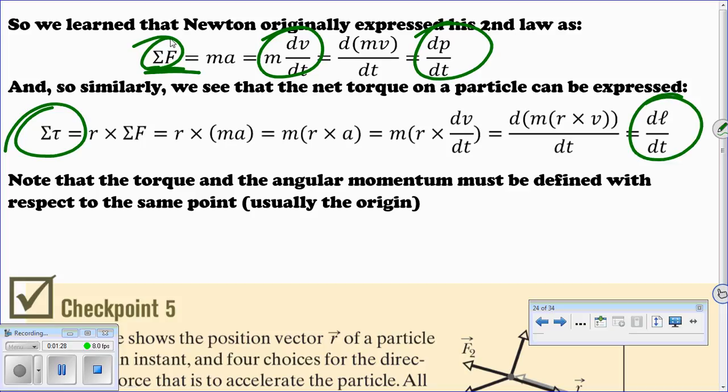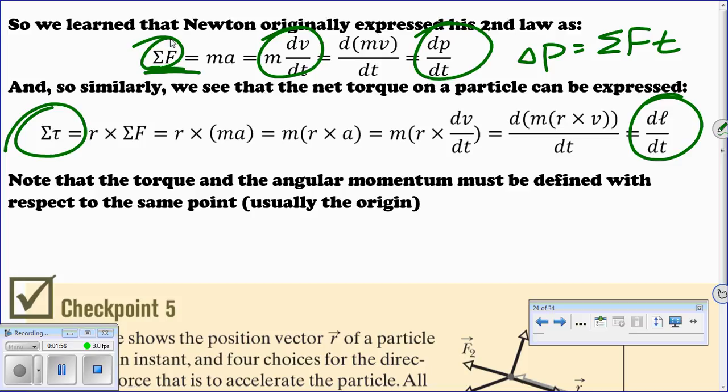Okay? So where this becomes important, you guys, is this, and this will usually be the case. In the case of force, if your force is constant, you get change in momentum equals net force times time, right? So notice that the direction of your change in momentum is the same as the direction of your net force, right?